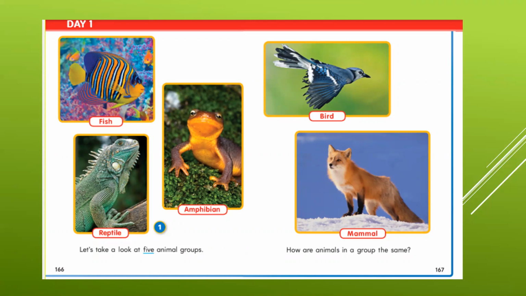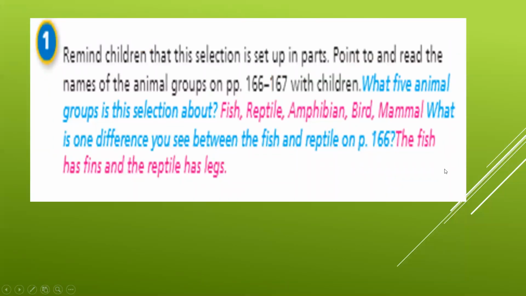I can put some fish under fish, some birds under birds, some animals under reptile, the other animals under amphibians, the others under mammal. So how many animal groups? Five, called fish, reptile, amphibian, bird, and mammal. Through the pictures, I can say 5 animal groups.